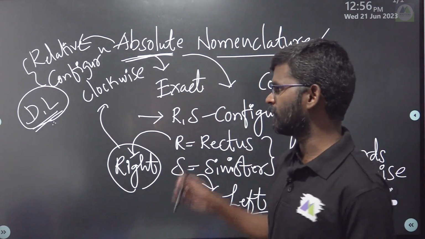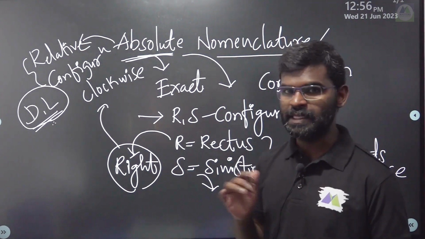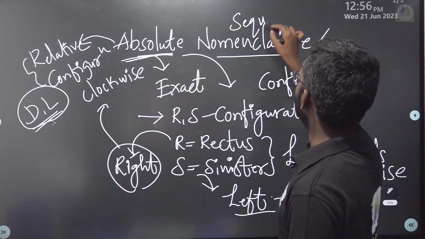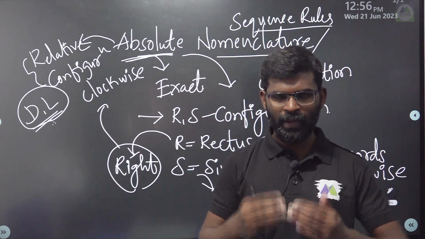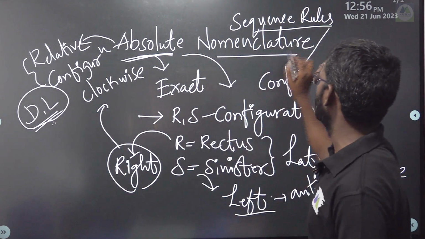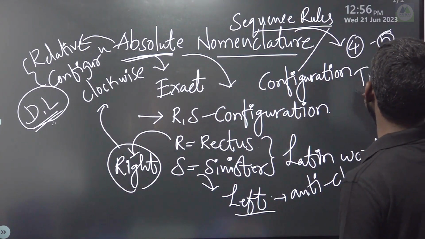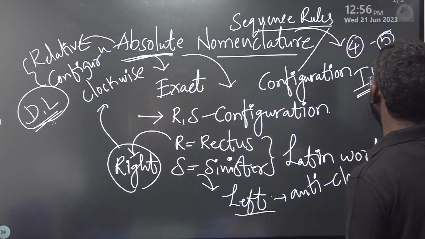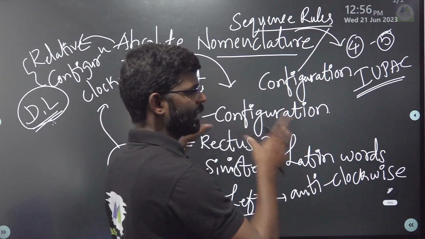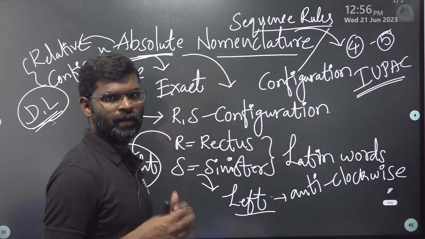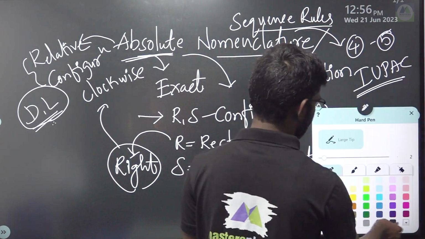The rules present in absolute configuration are called sequence rules, which are rules in order that we have to follow one by one. In textbooks there are 4 to 5 sequence rules, but according to IUPAC it is moderately involved. This is a very difficult topic compared to the other configurations. We have to follow these rules, and then only can we find out the given compound. We can see the rules one by one.